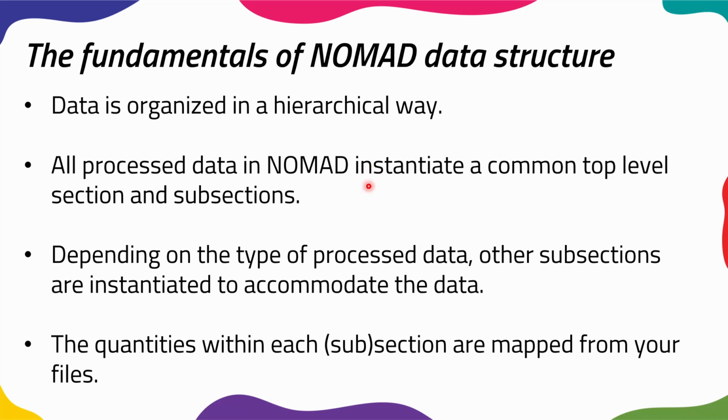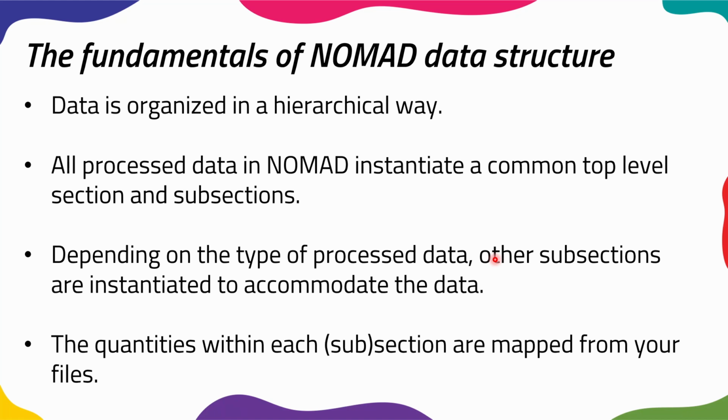In addition to these common top-level sections that are matching for all Nomad data entries, depending on the processed data, Nomad would instantiate and call specific subsections that could accommodate the data of the uploaded file. And then once this is defined, Nomad would start mapping the quantities from the data files to match the specific quantity fields in these subsections and form this structured data.